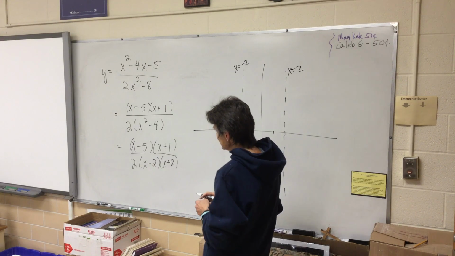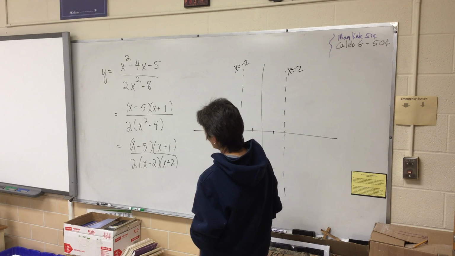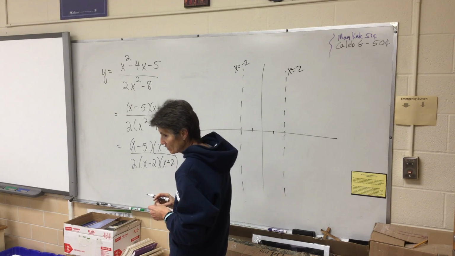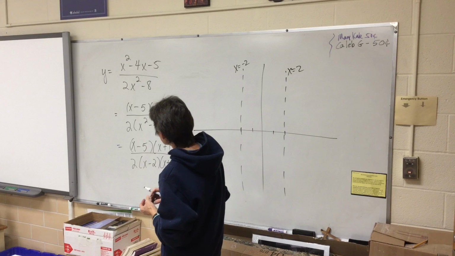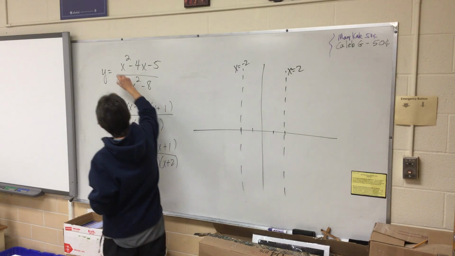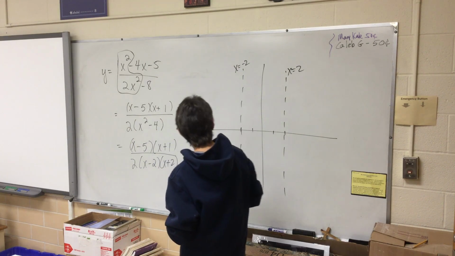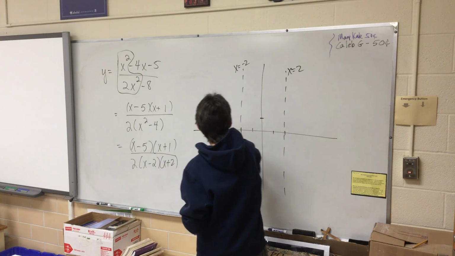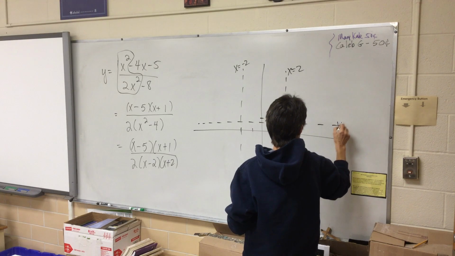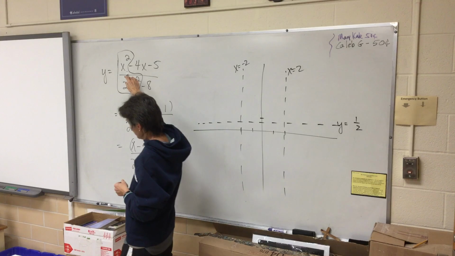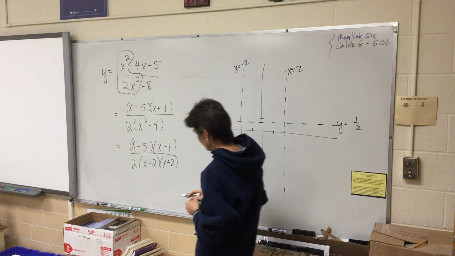Now, it might be easier to look at the original problem. Where is the horizontal asymptote in the original problem? Box in your x's. The horizontal asymptote is y equals 1/2. Ella, do you see that? Yeah. 1x squared over 2x squared.